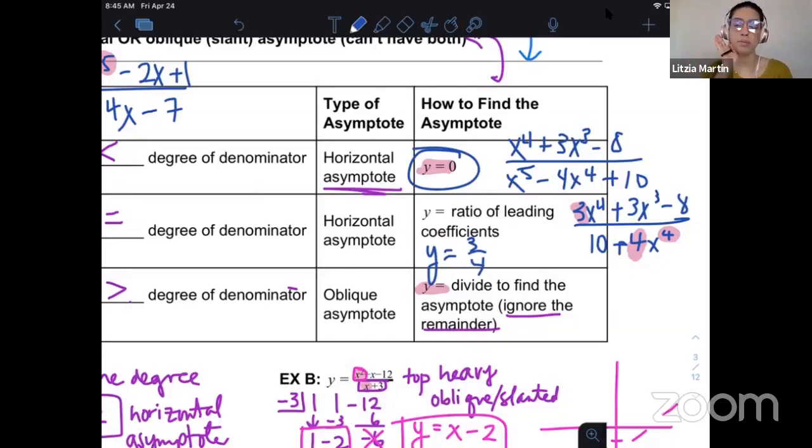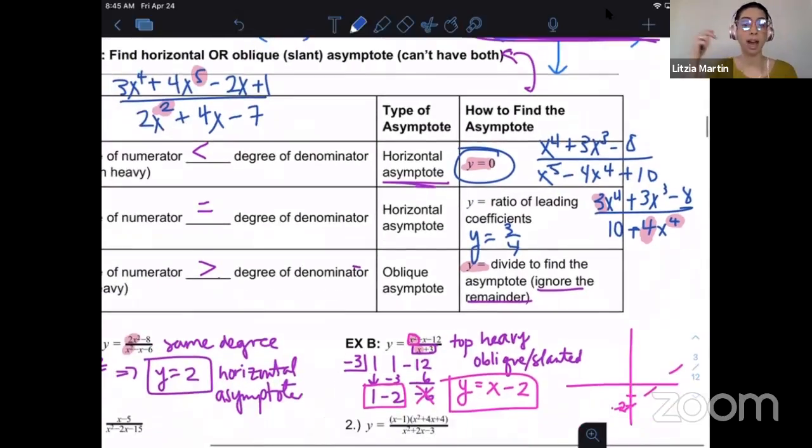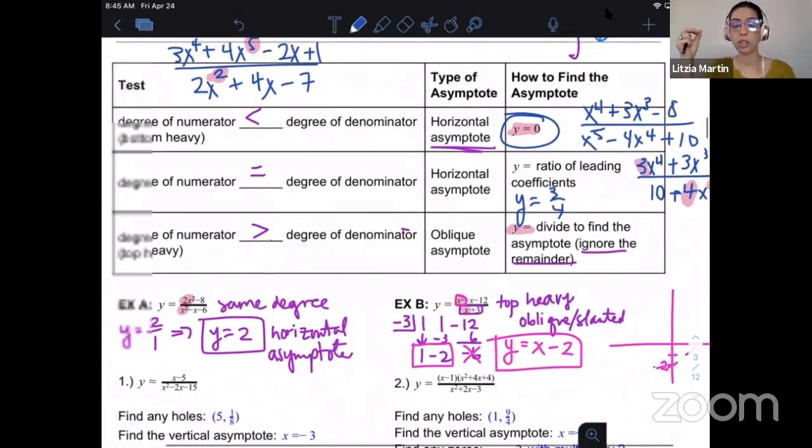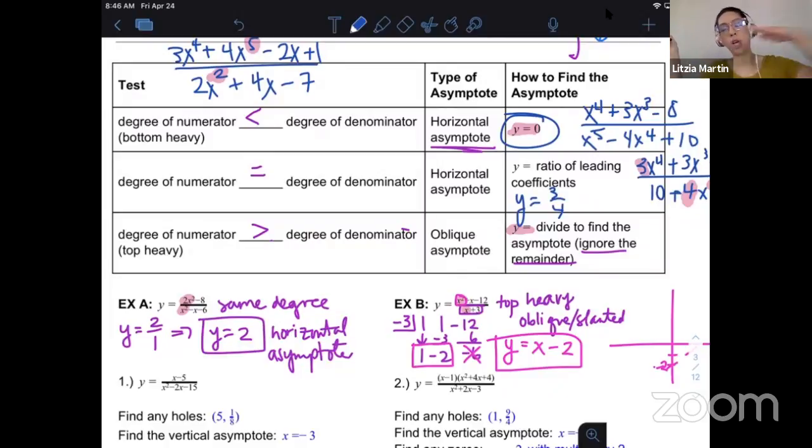Okay. And then the last test was the oblique asymptote, which is when we have a top-heavy function. So the degree of the numerator is greater than the degree of the denominator, and that gives us the oblique or the slant asymptote. So rather than a straight line across horizontally, a slant asymptote is going to have that diagonal direction to it.